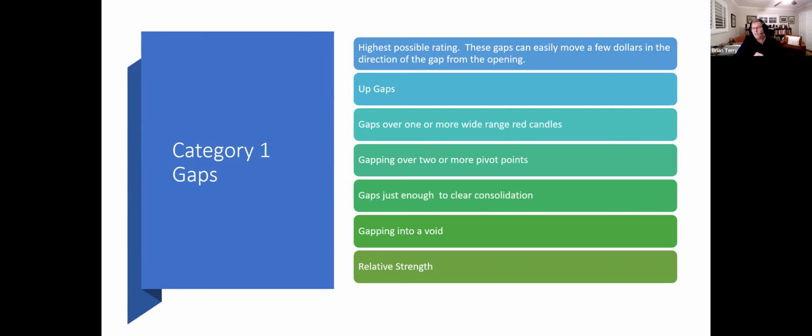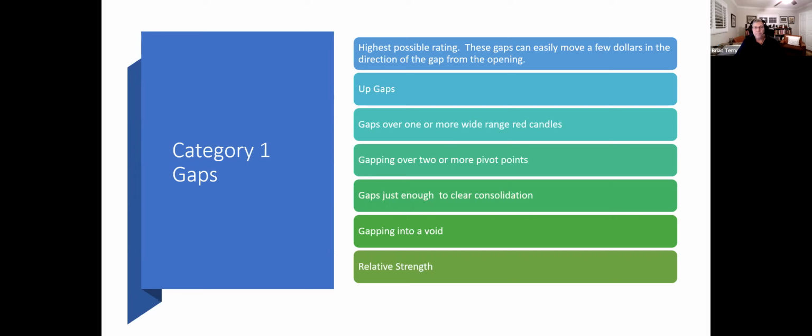By pivot points, I mean bounces up to the resistance level. If it bounces up to the resistance level and doesn't get above it, that's 1 pivot point. And if it does that at least 2 times prior to the gap, that's the ideal setup. Then the next thing is it gaps up enough to clear consolidation or resistance.